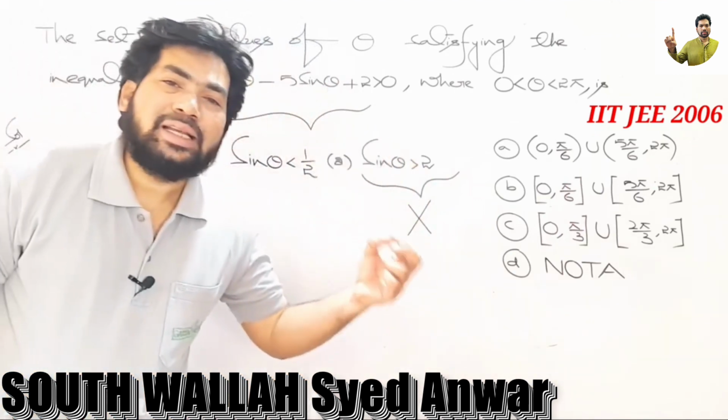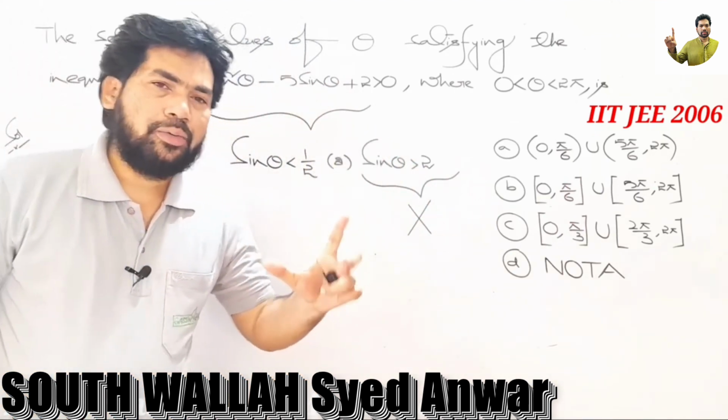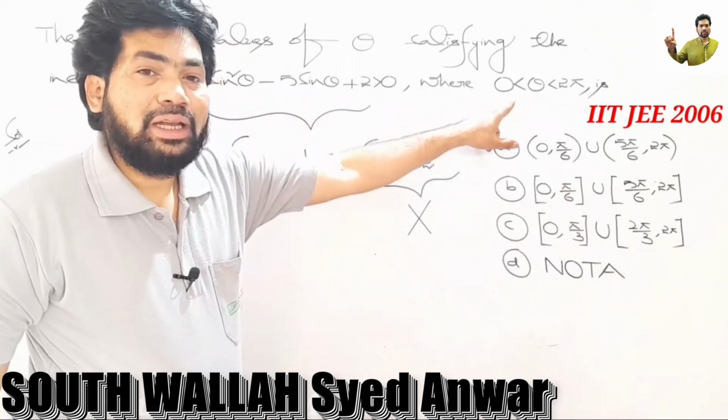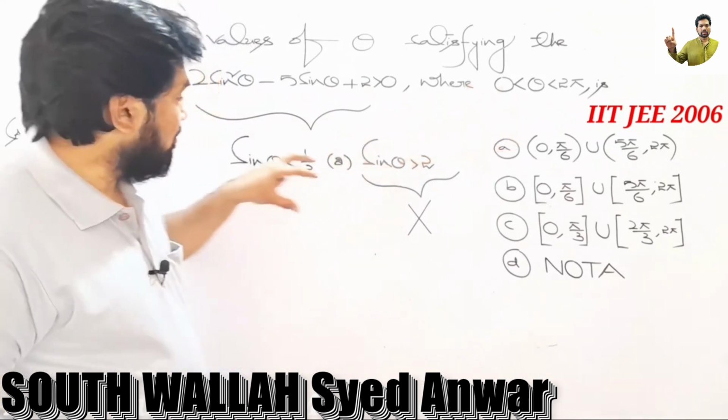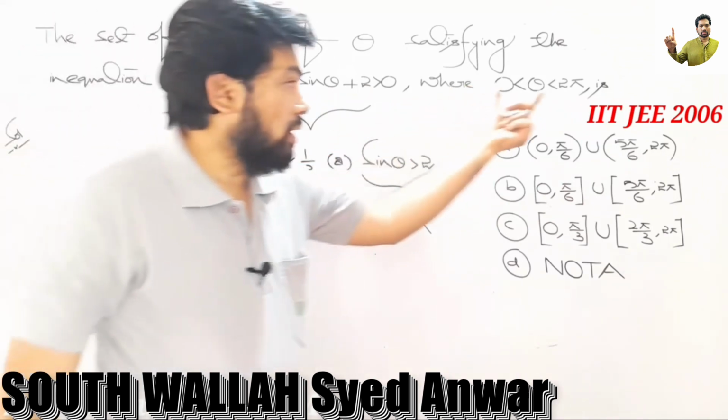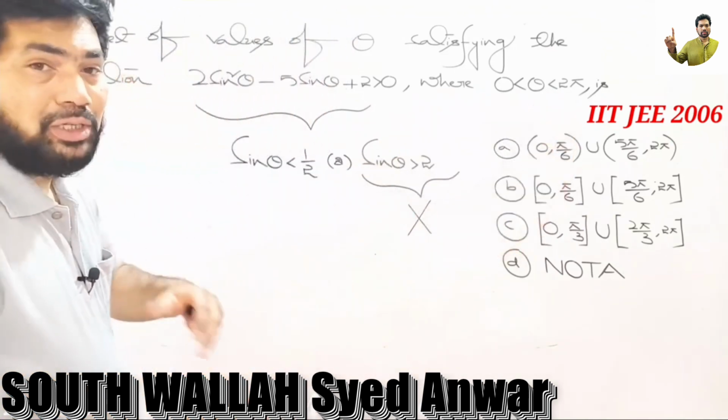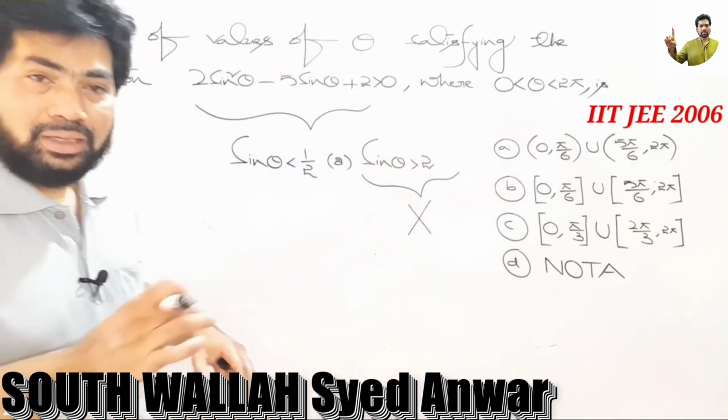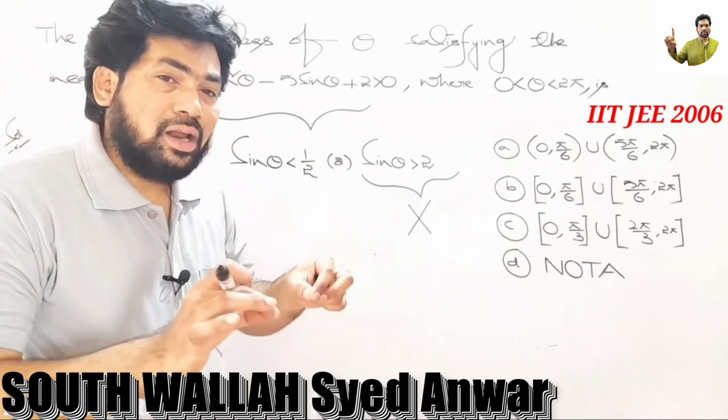Now sin theta less than 1 by 2 only we have. Here we have to find the value of theta for which sin theta is less than 1 by 2 in this interval. So I would like to recommend the best method, the graphical method.